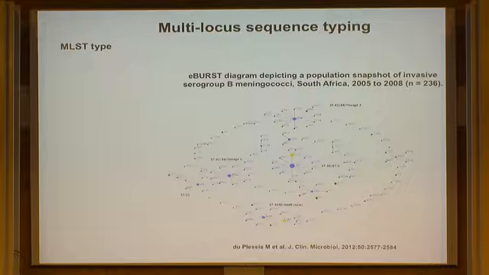So one of the things you see in pathogenic bacterial populations anyway, when you do this MLST typing, which was originally developed to understand the clonal framework of these populations, is that in the language of MLST, these types are described as clonal complexes or lineages.